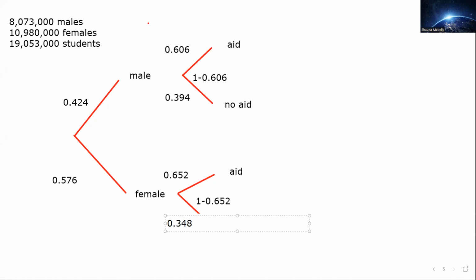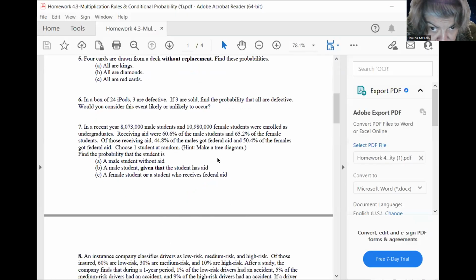Okay, so I'm going to say this is 0.348. Now we have one more group here, and that is federal aid. And I just know that because I've read the problem repeatedly. Let me go back and show you here. So we did the receiving aid where 60.6% of the males and 65.2% of the females.